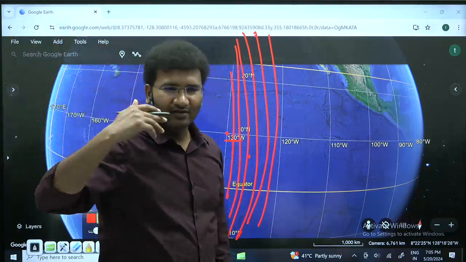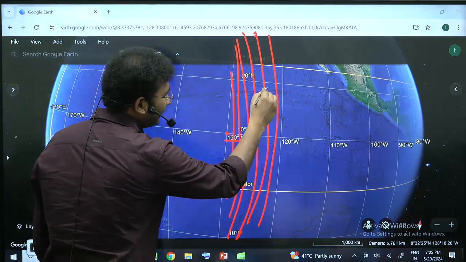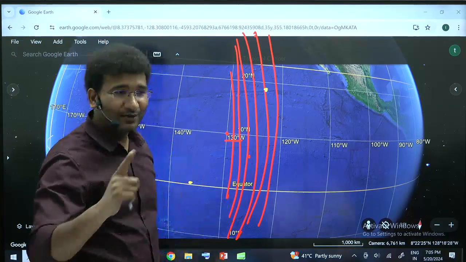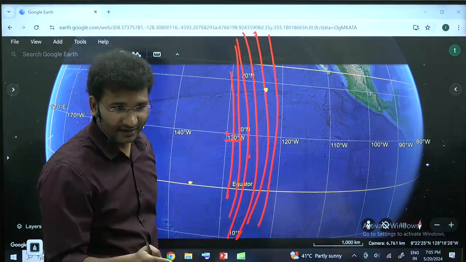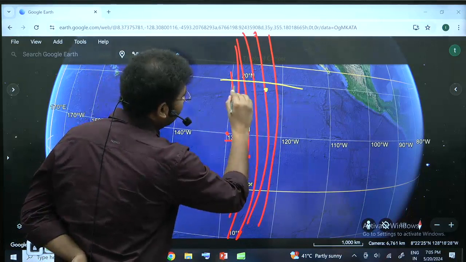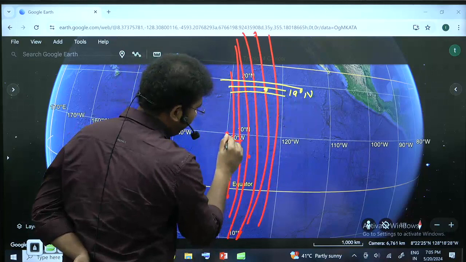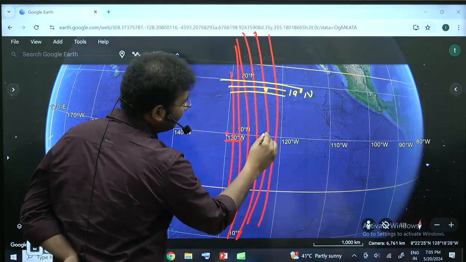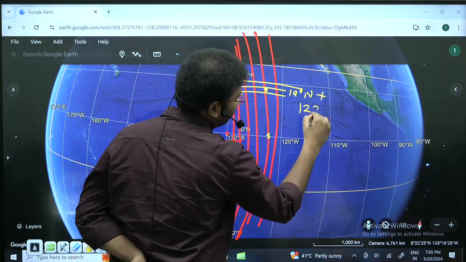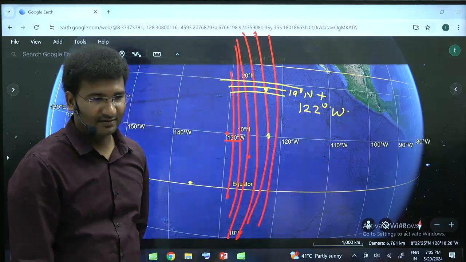And today, if you want to go from this point to this point, the GPS will help you in positioning. Okay? Positioning means it will tell you that this is 20 degrees north, this is 19 degrees north, and this is 122 degrees west. This is the address. Right?